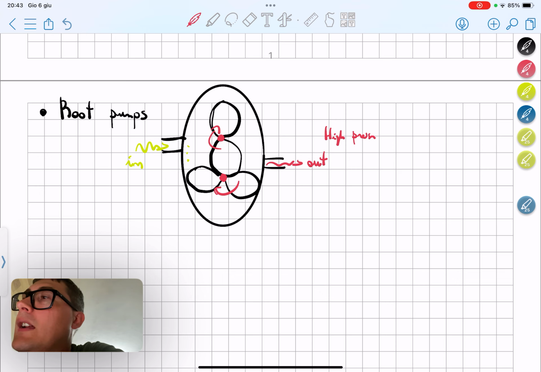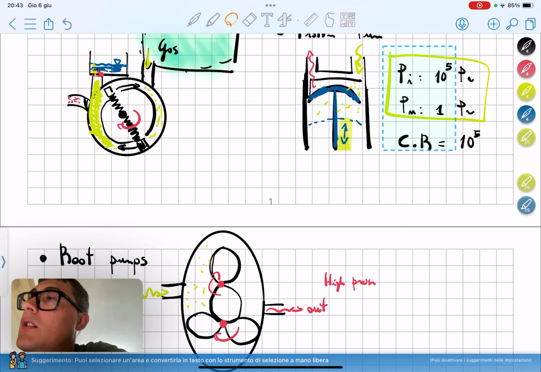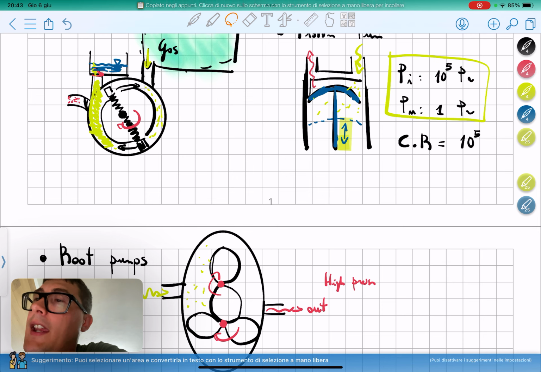Okay, and the way this principle works is that by rotating in a specific way, they can pass the gas and compress it from one part, from the left to the right. So this one works over a little bit more range, as to say.